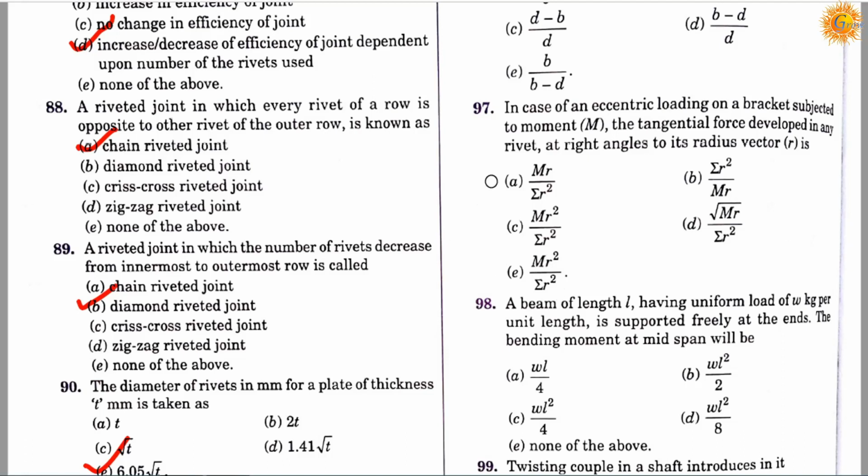Correct answer is A, it will be Mr divided by sigma r square.